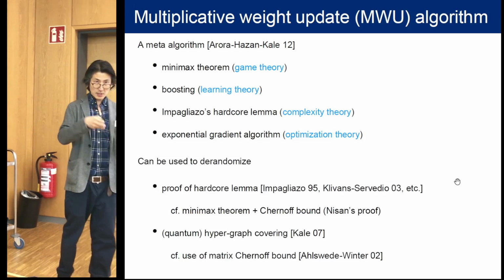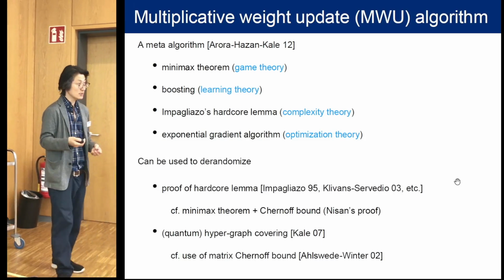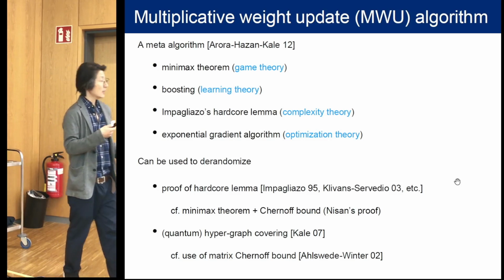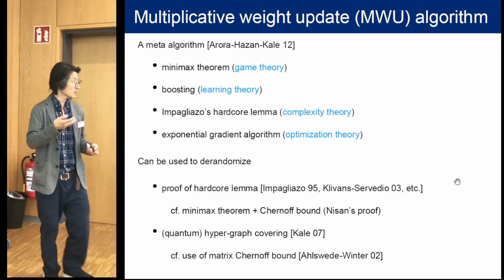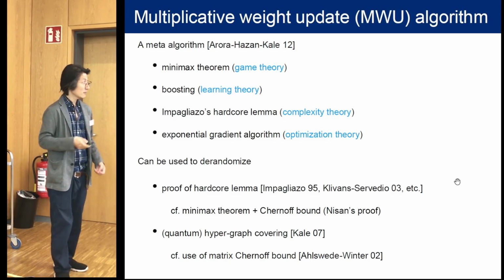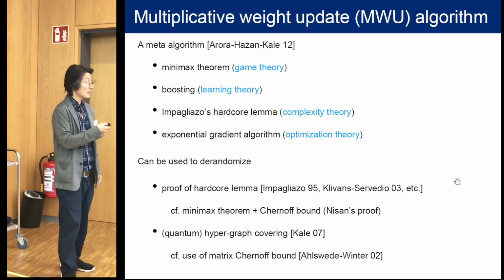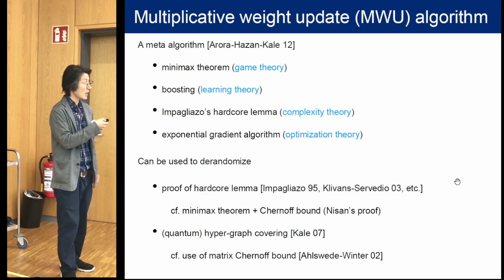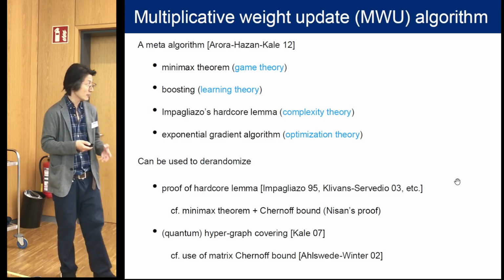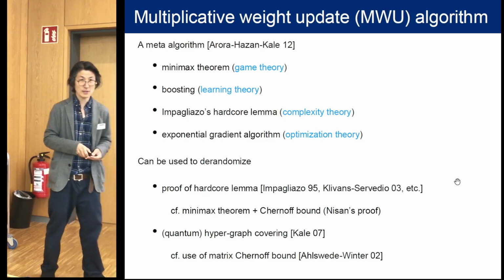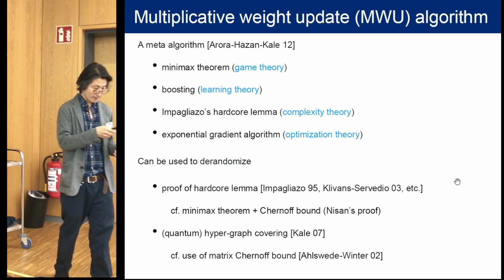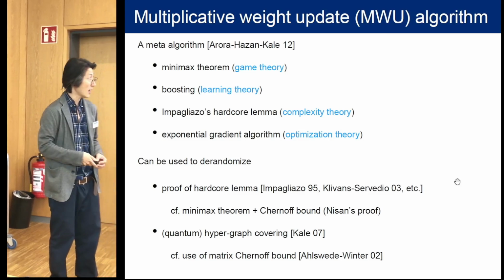This MWU algorithm can be used to derandomize certain proofs. For instance, Impagliazzo's hardcore lemma in computational theory is one of the important lemmas when we prove hardness amplification.